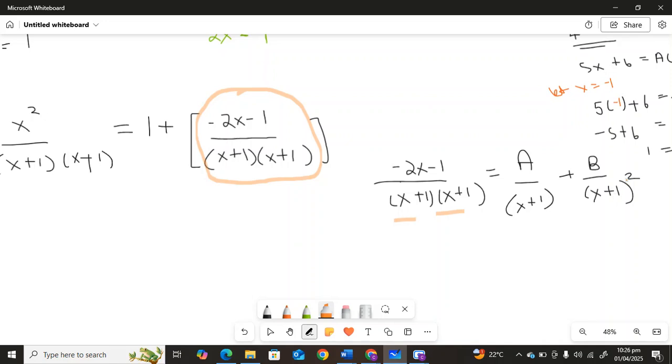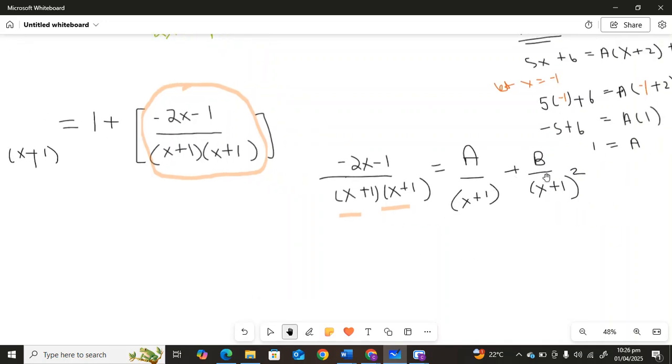So whenever you have repeated linear factors, when you're listing the simpler fractions, the second fraction is going to have the power 2. If we had a third x plus 1 here, it would have been written as C over x plus 1 cubed.